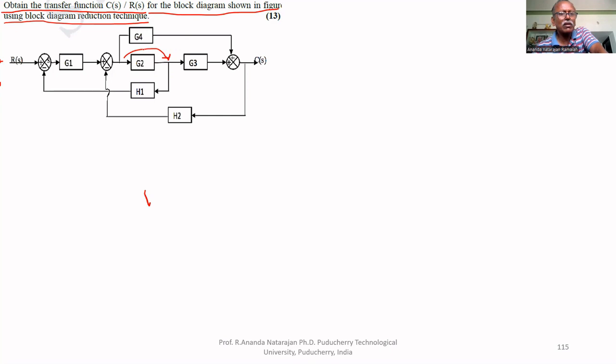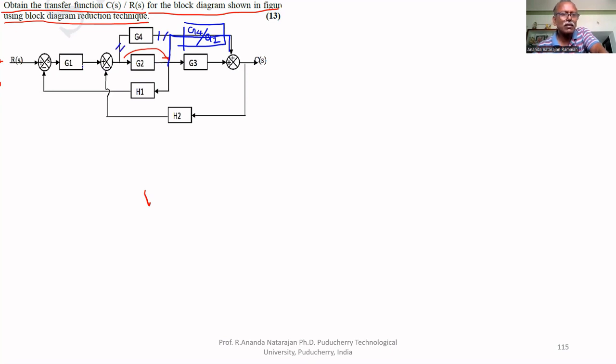If we move that, the forward path becomes like this. Here, this G4 becomes G4 divided by G2, because this G2 is not involved here. If you move here, G2 will be multiplied. That's why we are dividing. So this part is removed now.